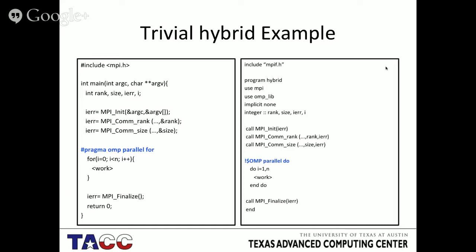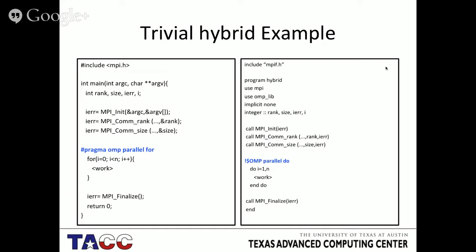Then you will have some loop that you feel needs to be accelerated. In this case, we're just going to use a simple pragma omp parallel for or omp parallel do. And after you're done with everything, you will call MPI_Finalize, and you're done. So, trivial example. As you can see, it's not very scary. Anybody can do something like this.